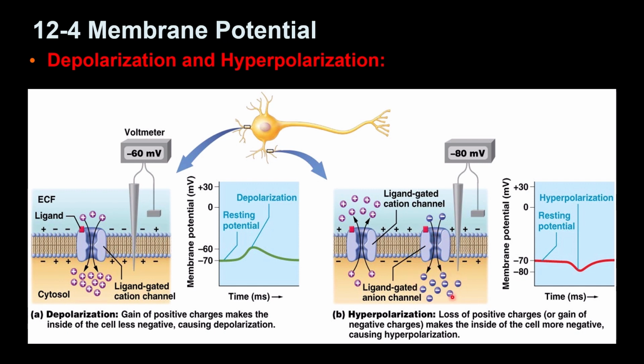And this makes the inside of the cell more negative. Normally at rest it was negative 70, but now inside the cell is more negative because positive charge left or negative charge entered the cell, and now it is negative 80.